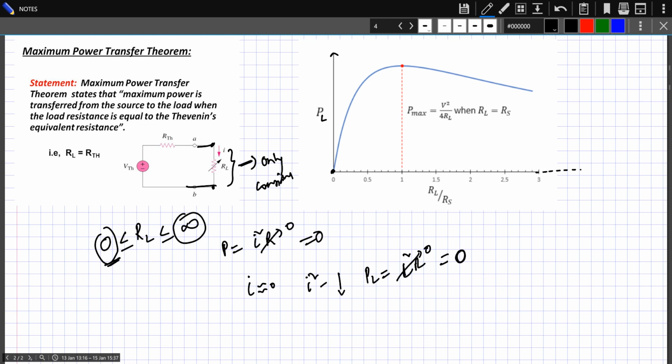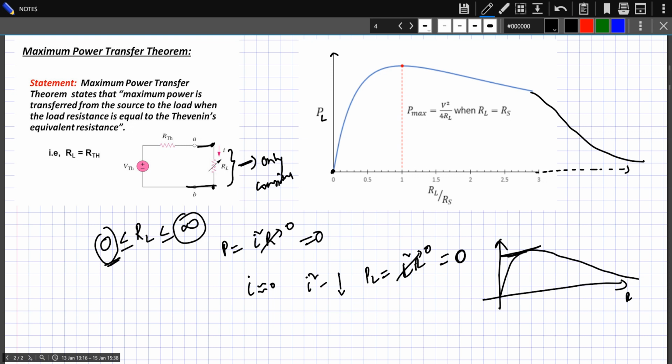If we extend this, we will get the curve going like this. If I have to draw a smooth curve, it will be like this. So we will have some maxima, and it will eventually drop to 0 at both ends.